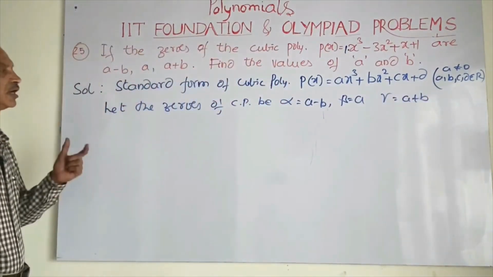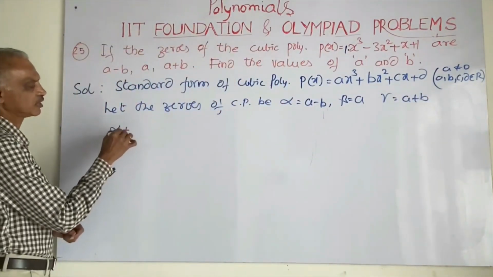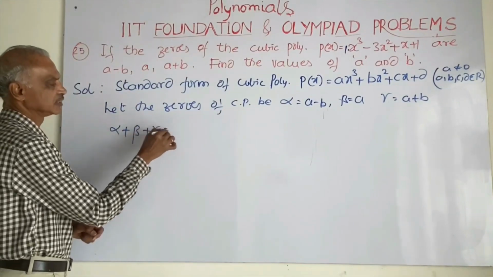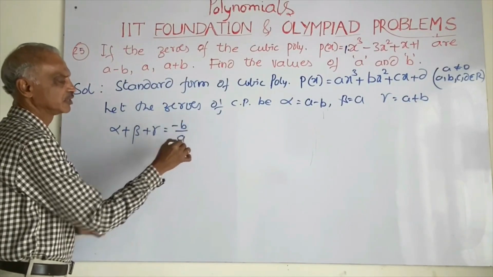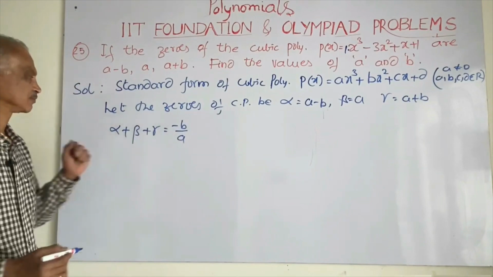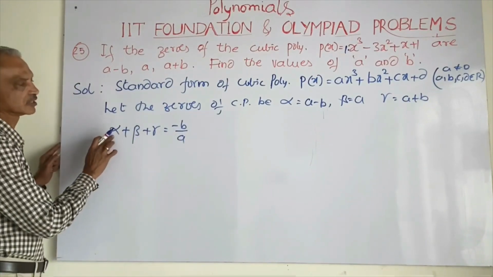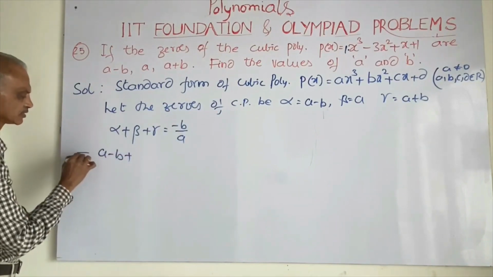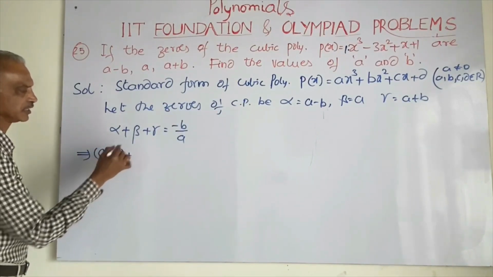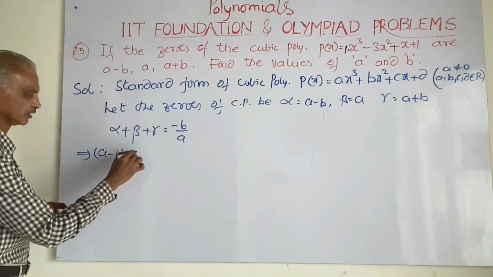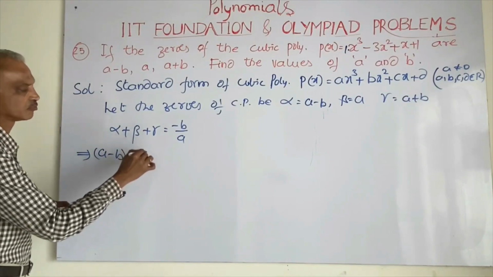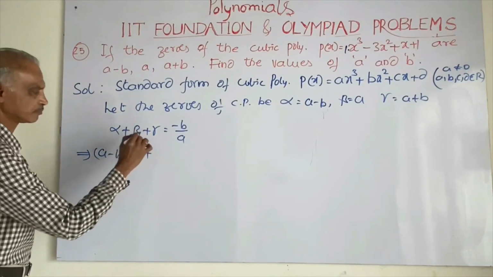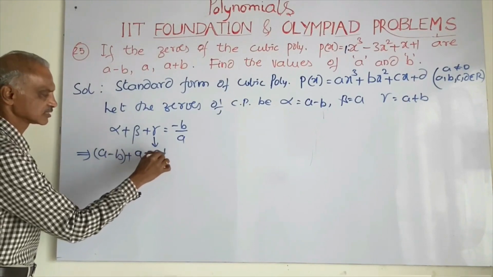You know what the sum of zeros is? Alpha plus beta plus gamma is equal to, what is the formula you have? Minus b by a.